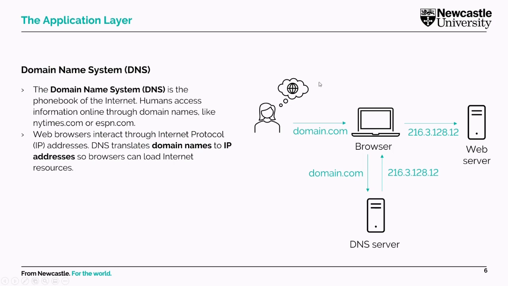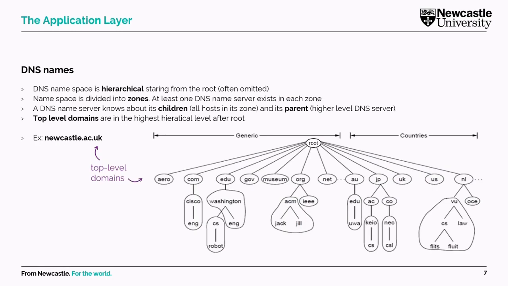We'll talk a little bit about the web further, but the key point is this: DNS is responsible for translating domain names to IP addresses. And the DNS namespace, you can have many different types of names across the web.